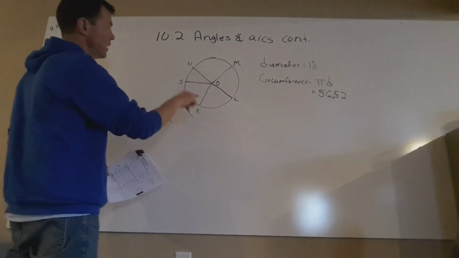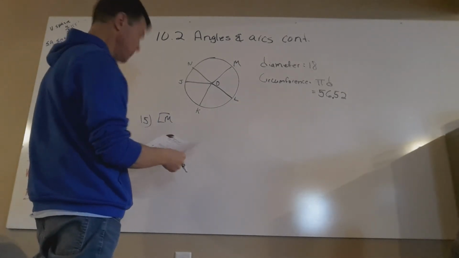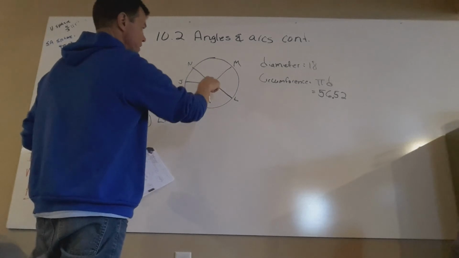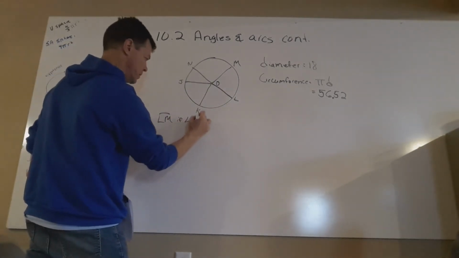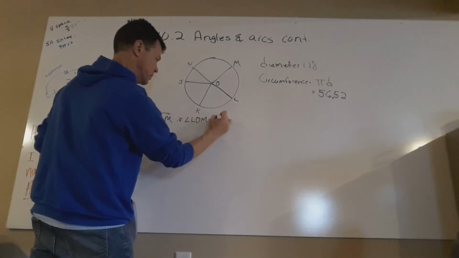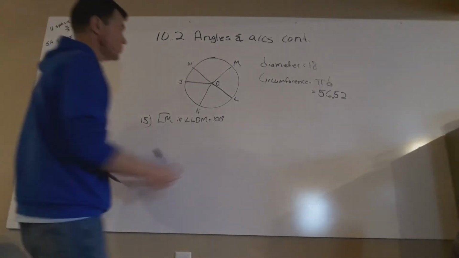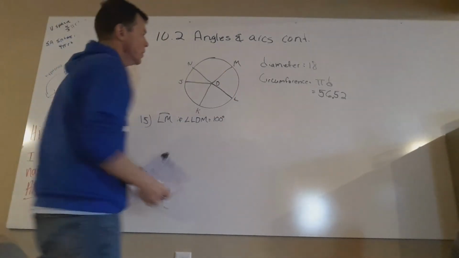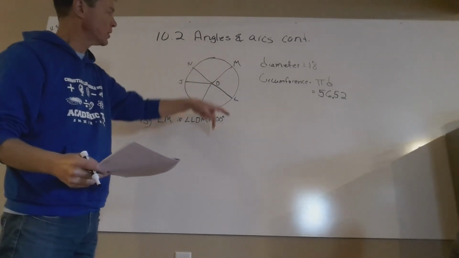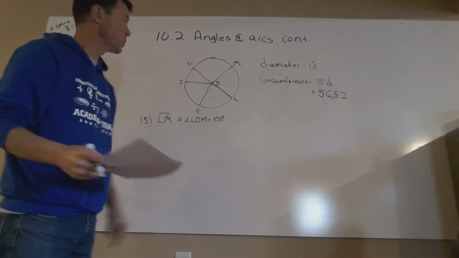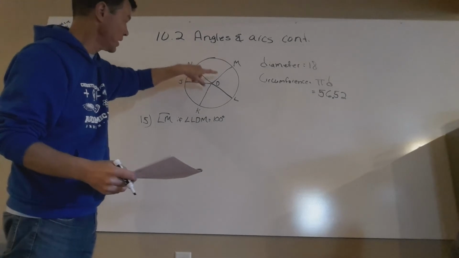So the length of LM here, if angle LDM, if this angle was 100 degrees. Well, we're only concerned with the distance from M to L. We know it's just going to be a portion of the 56.25. All the way around is 56.25. All the way around would be 360 degrees.